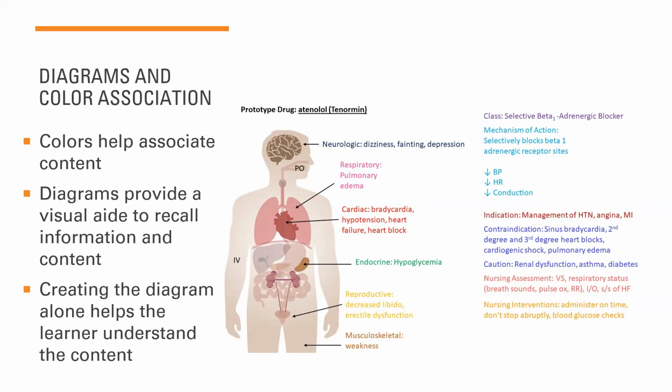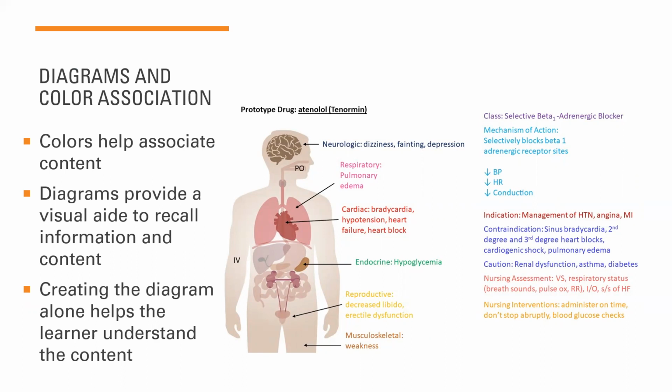Here is an example of a diagram and color association activity that I've utilized when I've taught pharmacology in the past. I try to relate colors to the body system. For instance, red is cardiac. Pink would be respiratory.